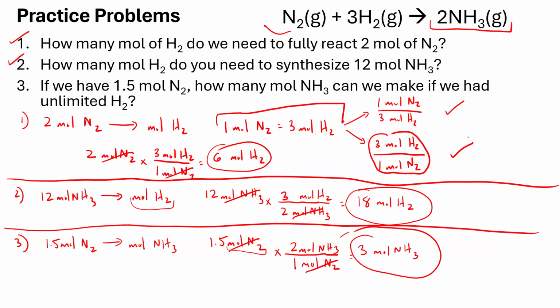We're doing exactly the same thing. So if you want to think about this as converting one reactant to another reactant, or one reactant to a product, or product to reactant, you could do it that way. And it's exactly the same procedure as converting, right? And there's no difference. The thing is, we had to make our conversion rates for that, right? So let's try another one.